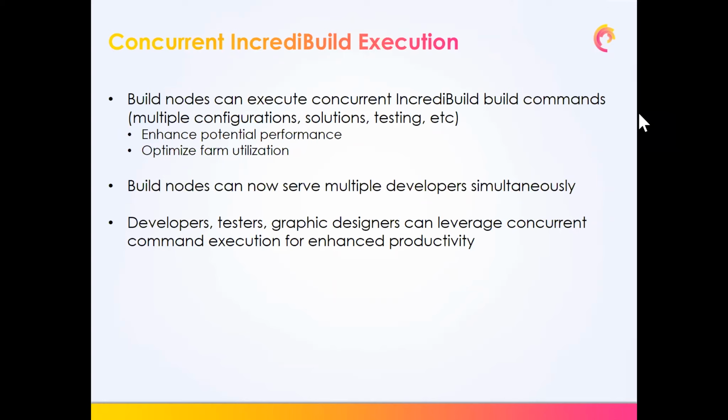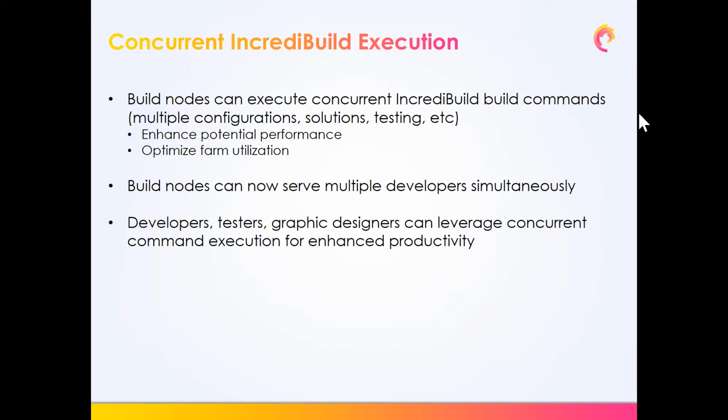This can be either multiple solutions running in parallel, running both testing and code analysis in parallel. If you're a game developer, you'll be able to run both your shader and texture compressions and other stuff in parallel on the same initiator machine.